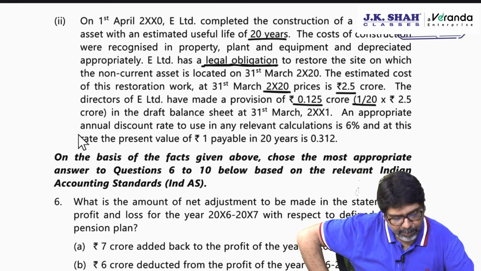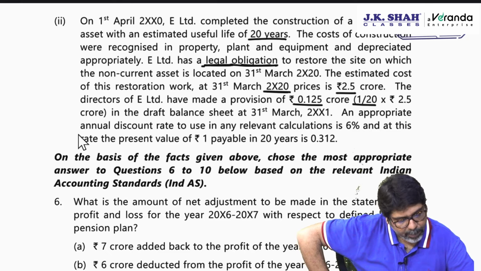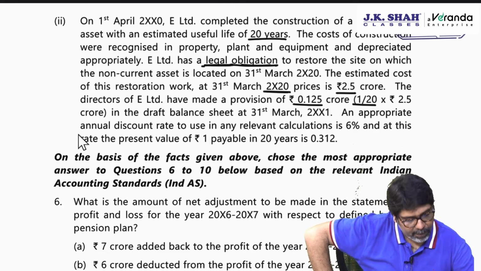The directors have made a provision of 0.125 crore in the draft balance sheet as at 31st of March 2001. An appropriate discount rate to use in the relevant calculation is 6%, and the present value factor payable in 20 years is 0.312.